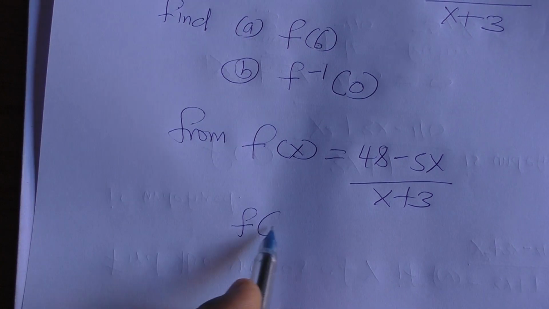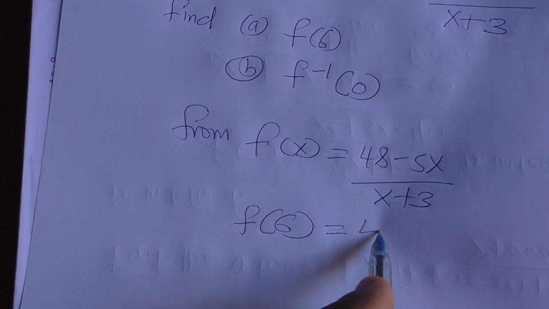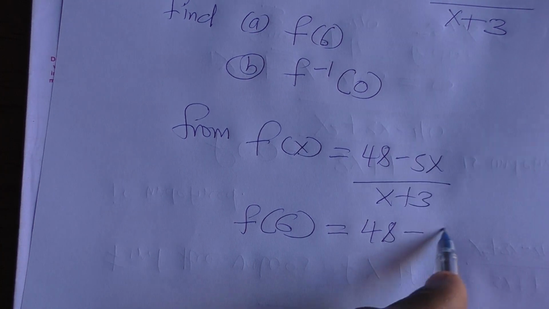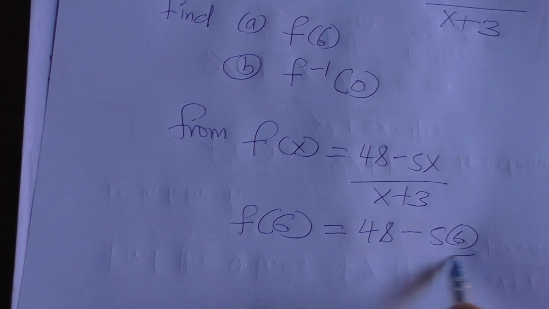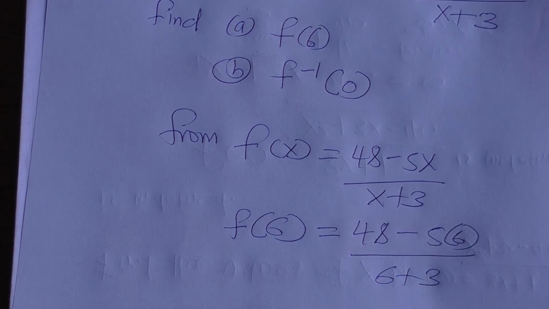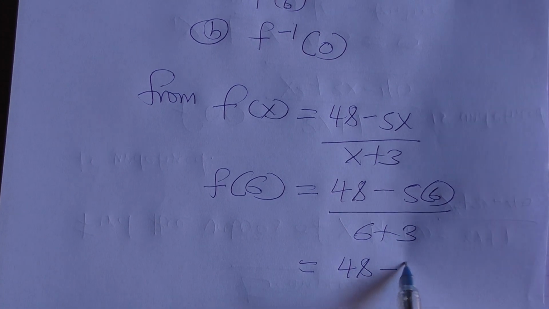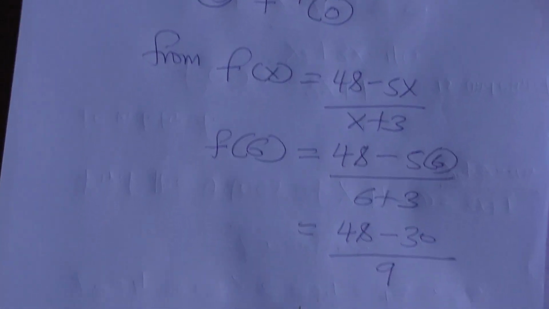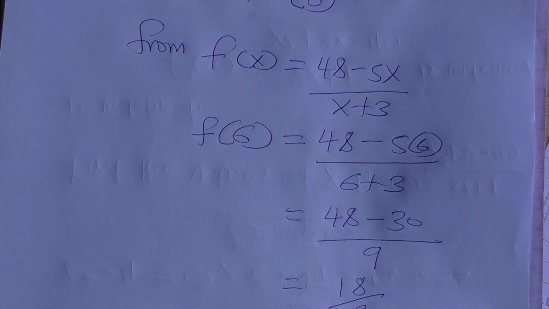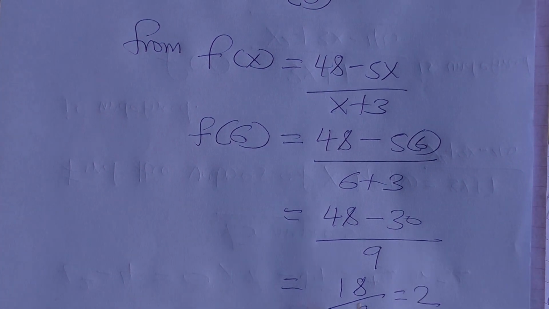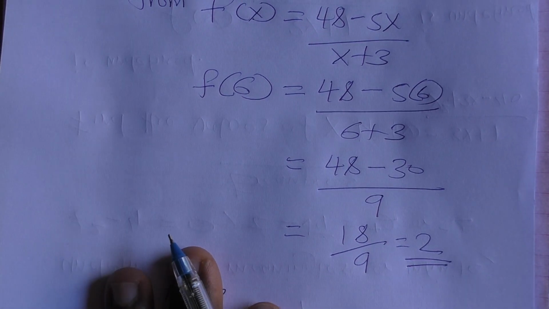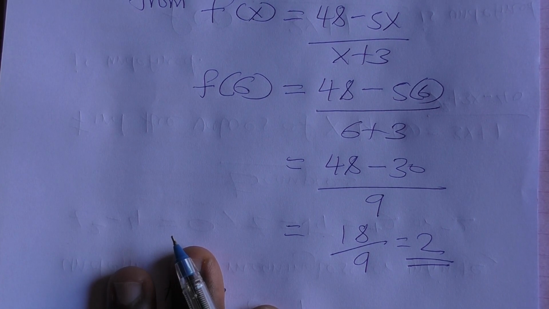Hence, f of 6 equals 48 minus 5 into 6 over 6 plus 3, which gives us 48 minus 30 over 9, which is 18 over 9, giving us 2. So that is how we get the f of 6.